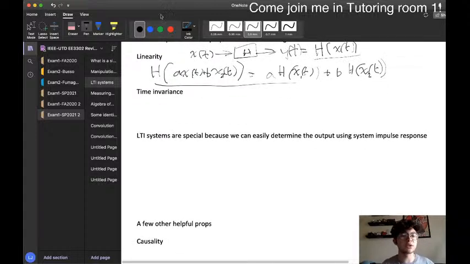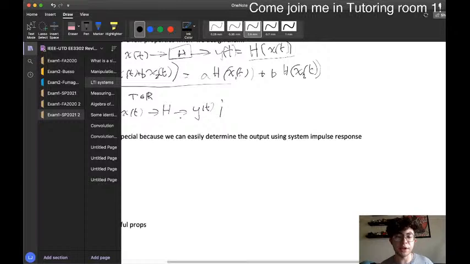The next one that is also really important for us is called time invariance. Let's assume that we have some real number. Then if we have the same function passing through our system, so x of t passing through h gives us y, then a time invariant system will also obey the following.